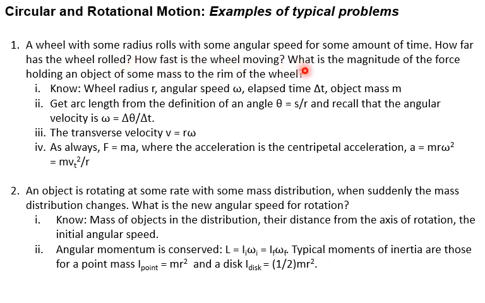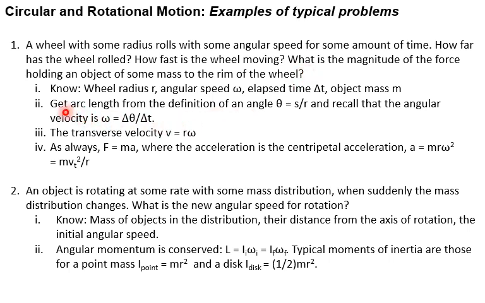What is the magnitude of the force holding an object to the rim of the wheel? Those are some example questions we could ask. So in this case, we know the radius of the wheel, we know the angular speed, we know the elapsed time, and we're going to have to be told what the mass is of this object that's stuck to the rim of the wheel.